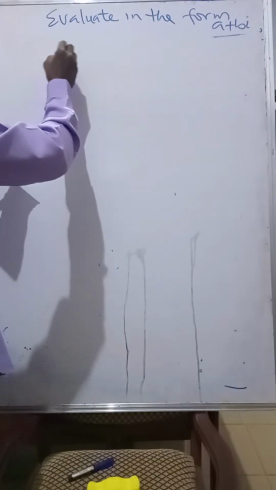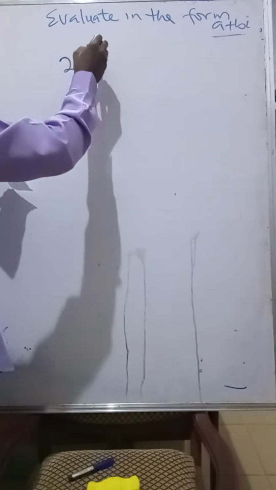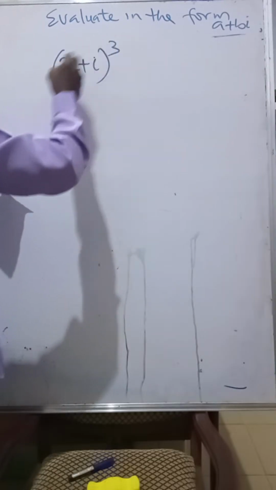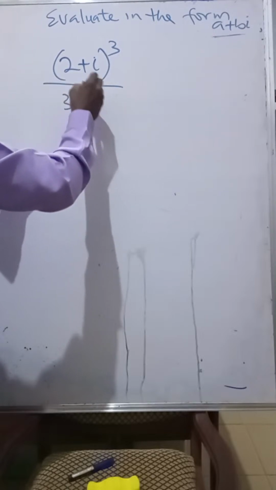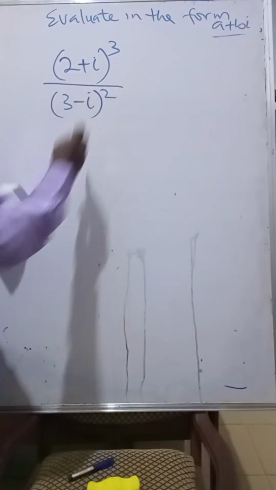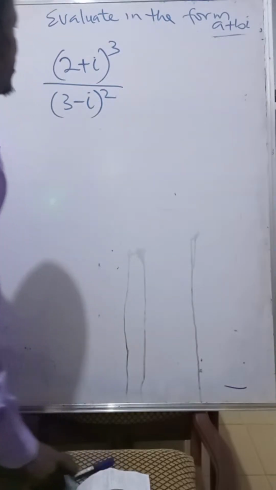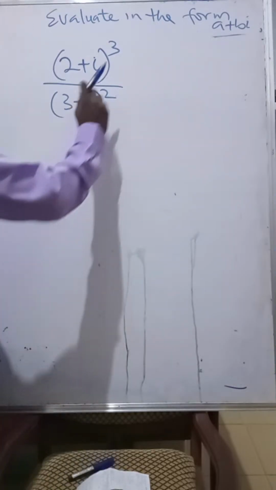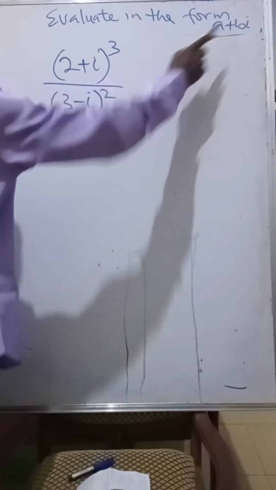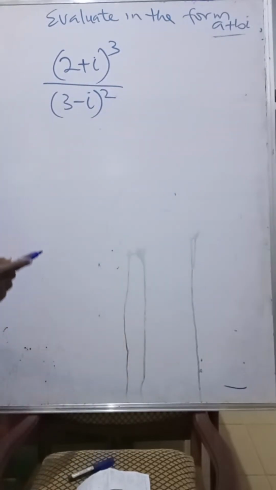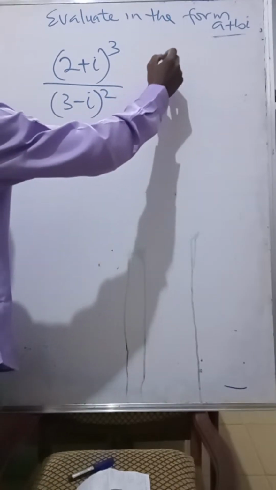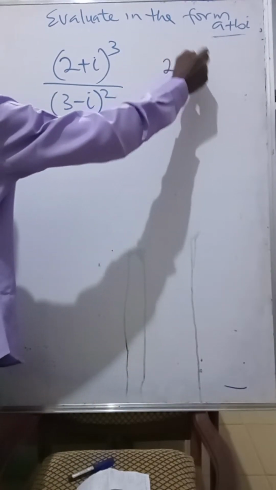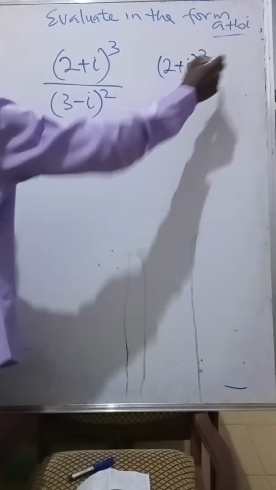Another question we have is this one. So that's what we have in this case, to express in the form of a plus bi. What we are going to do, step one, is get the expansion of 2 plus i to the power 3.